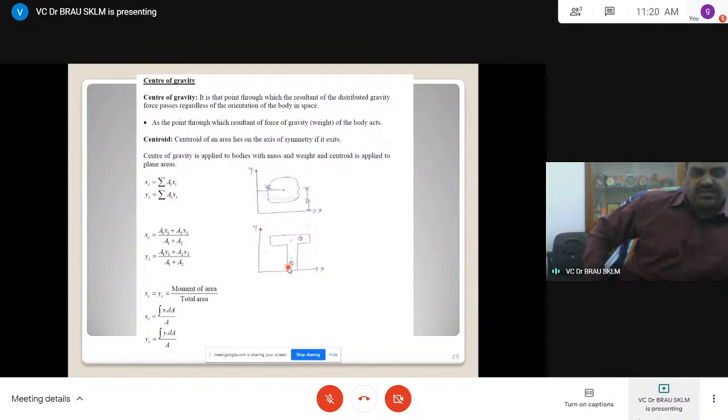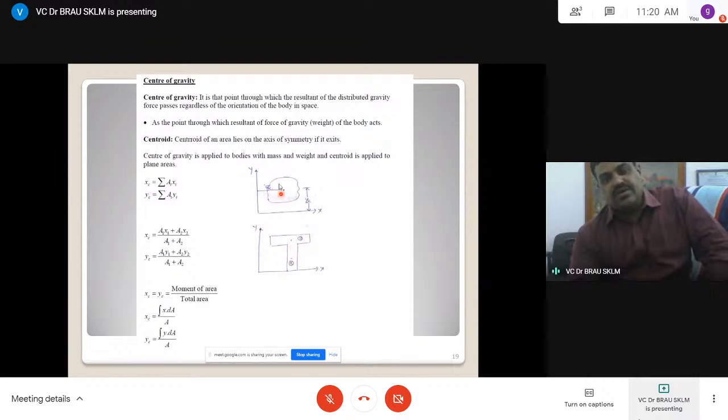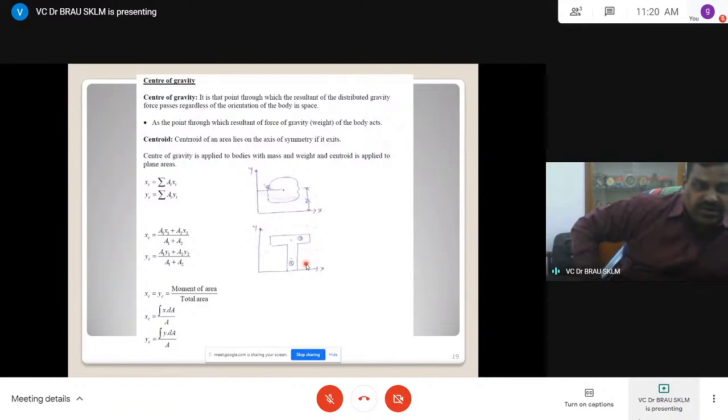If it is an integral, instead of a summation of two rectangles, but now I want to make a number of elements, I have to add all of those. In that case, you can use the integral. We have to find the centroid by the moment of area divided by total area.